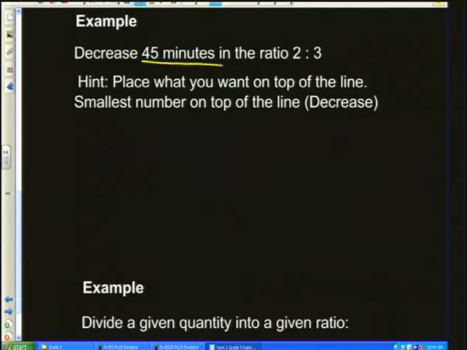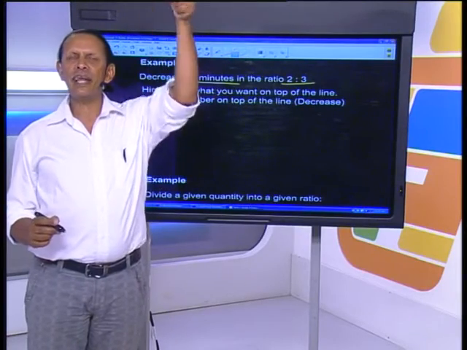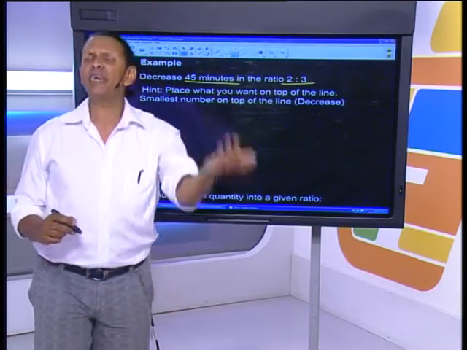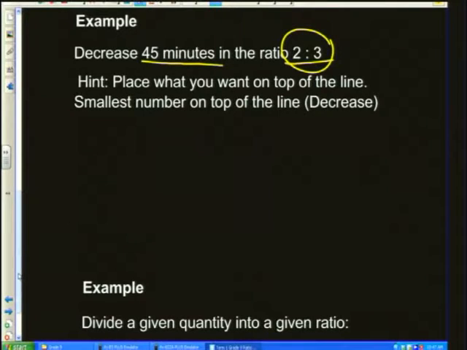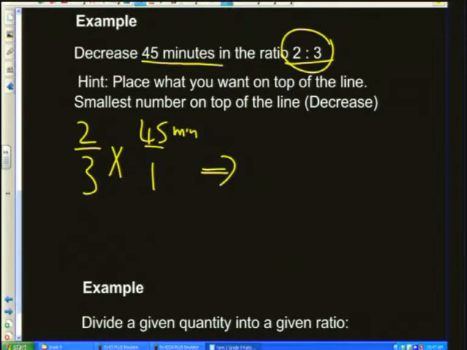Decrease 45 minutes in the ratio 2:3. Now remember now, if increase was big number over small number, then obviously decrease will be small number over the big number. It just makes sense, guys, isn't it? And then over 45 over 1 minute. Right. And if I simplify this, how many 3s in 45?